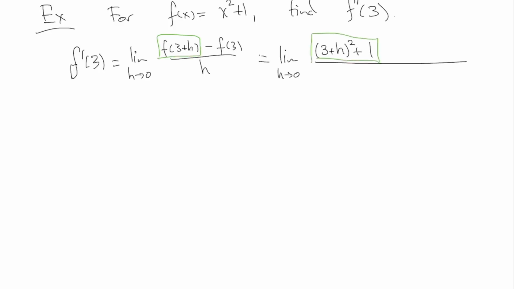F of 3 plus h means you go to the function and you replace x by 3 plus h, because that's what f of always means. It means you plug in, instead of the x, something else. And in this case, I'm plugging in 3 plus h here. That's why instead of x squared plus 1, it says (3 plus h) squared plus 1. All right? I don't know if that looks hard, but you will find this is very confusing when you're trying some examples. I'm going to do this one and then one more, and then I've got some for you all to try. All right?